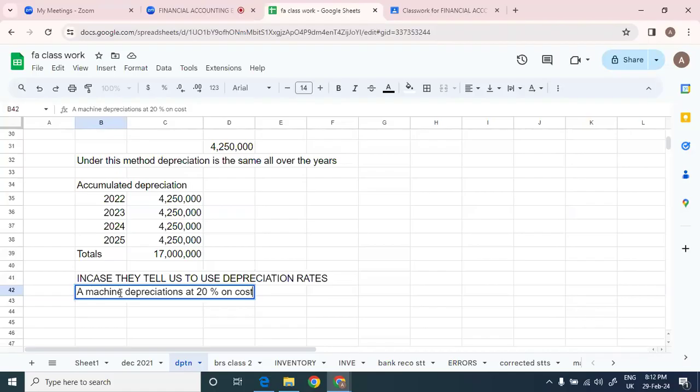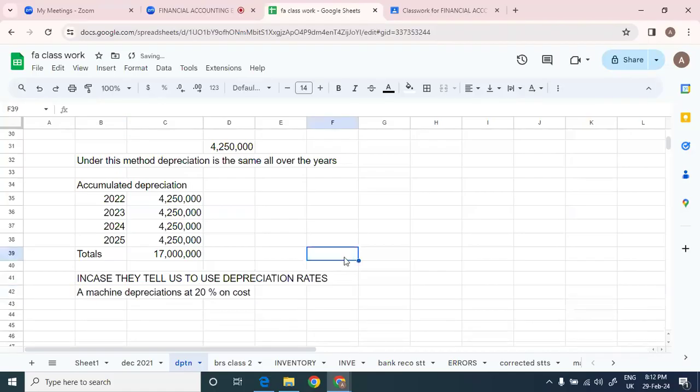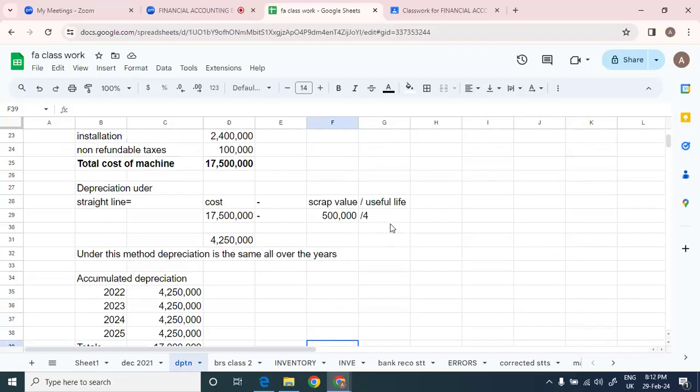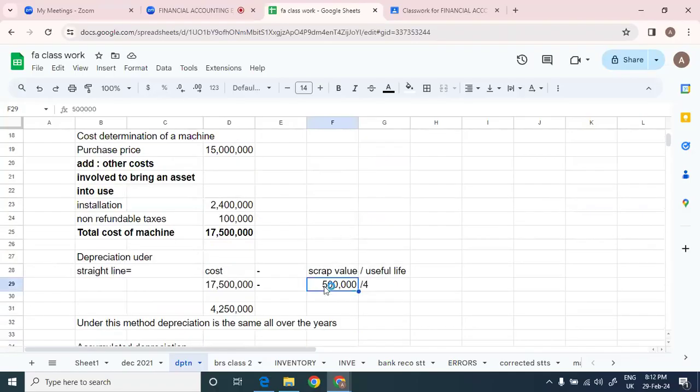What do we do here? Still, depreciation will remain the same all over the years. Here we shall not take the scrap value off, but rather we shall use 17.5.